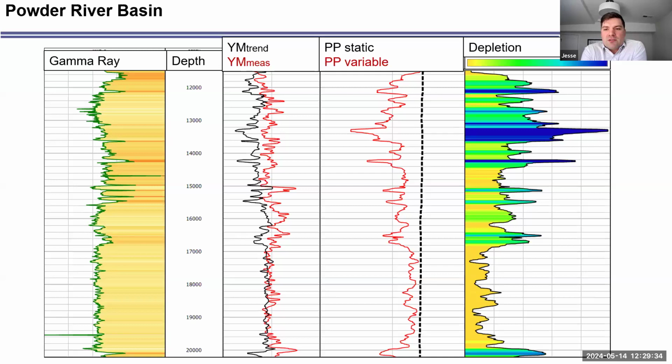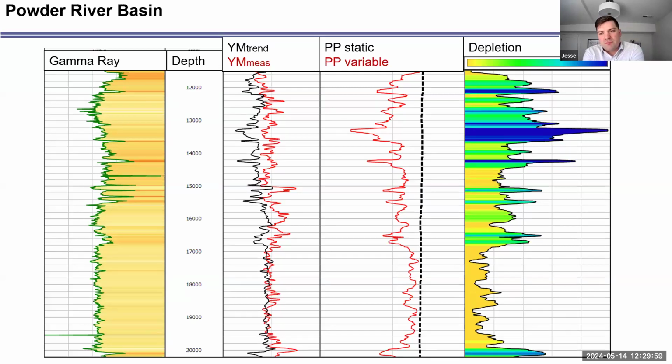So the next track, you can see the static pore pressure that we just got from the client. So this is just going to be based on the pore pressure gradient and the TVD at that particular depth. And then the red is the variable pore pressure that we computed based on the deltas.